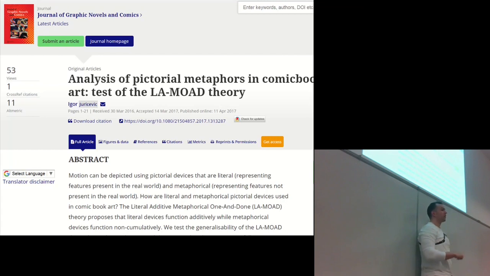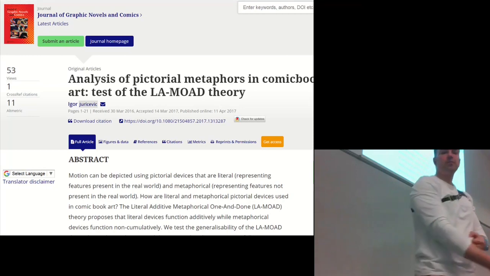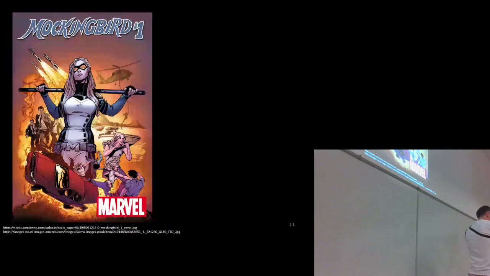But metaphors are processed in a completely different way. They're processed non-additively. That means that the first metaphor helps you understand the image, but additional metaphors don't do anything to help you understand the image. It's not information that's processed by our visual system.